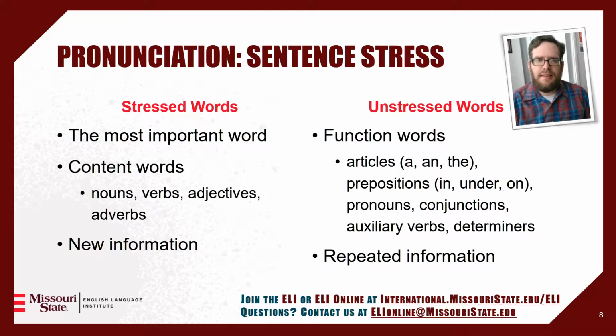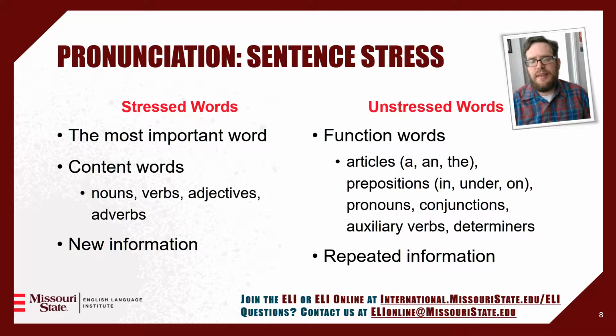We stress the content words that maybe you would look up in a dictionary because these give sentences their meaning, but the function words that provide the grammar, we do not say as clearly. Okay. And one other thing we don't say clearly is repeated information.